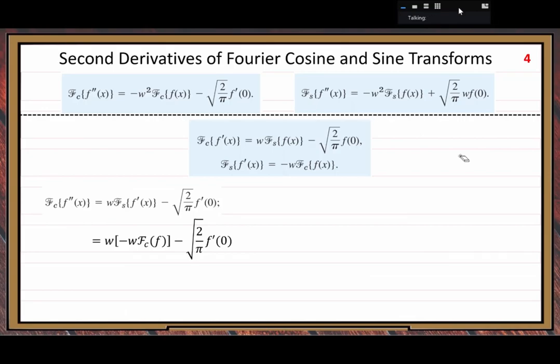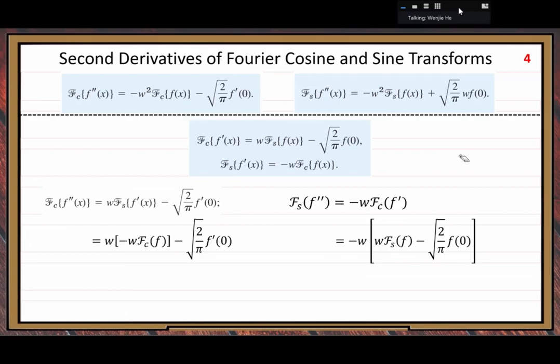Cosine, cosine, the same type. Similarly, for the Fourier sine transform of the second derivative, the first time gives cosine of the first derivative, then another round. So we have these two formulas.